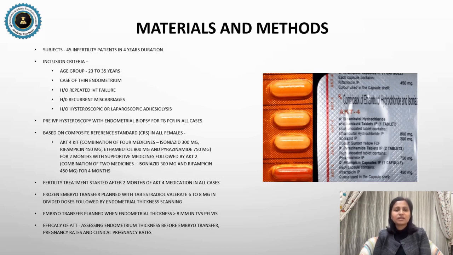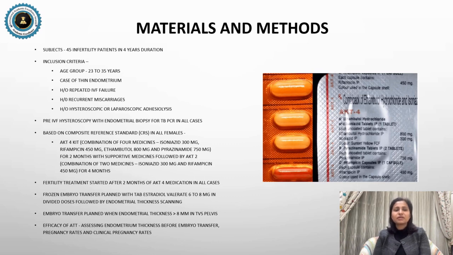Estradiol valerate was given from 6 to 8 milligrams in divided doses, followed by transvaginal sonography for endometrial thickness. When the thickness was more than 8 millimeters, the embryo transfer was planned in all cases.